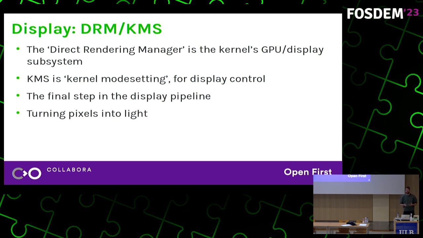And KMS is very specifically the part of DRM that actually controls the display. So when you're talking about HDMI output or something like that, then it's going to be KMS. And KMS is that very last step in the pipeline, the one that's closest to your eye. Its job is to turn pixels into light.